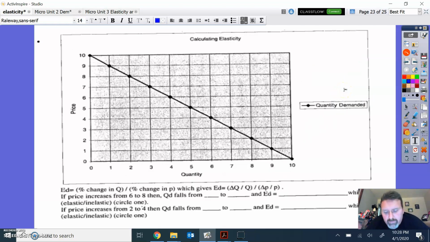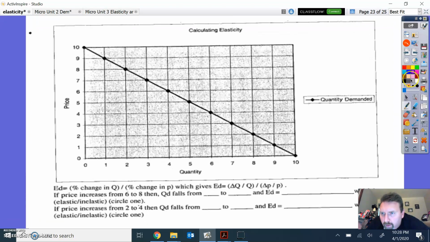So why is this relevant? Let's go through and see if we can do this, okay? Good graph here. Let's highlight some points here. Here we go, blue. If price goes from 6 to 8, QD is going to fall from 4 to 2.